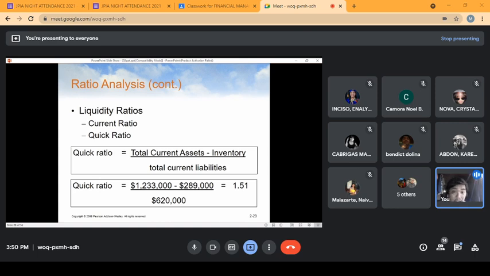Kaya malaki lang pala yung current ratio natin kasi marami tayong inventory. Pero kung gusto mo talaga in a conservative manner, maganda yung quick ratio kasi yung numerator natin are based on current assets that are easily converted into cash. Okay po ba?